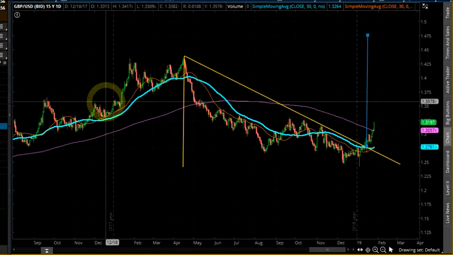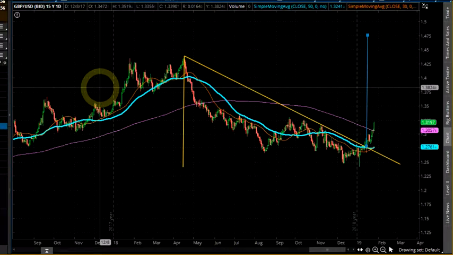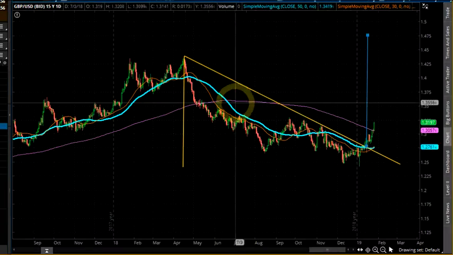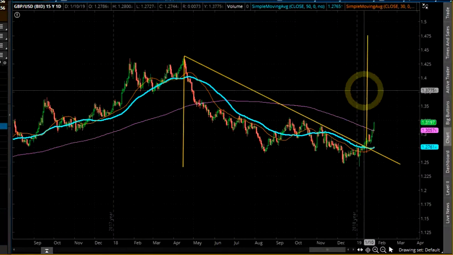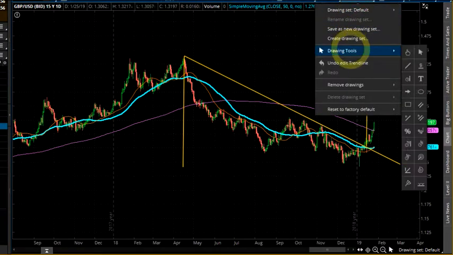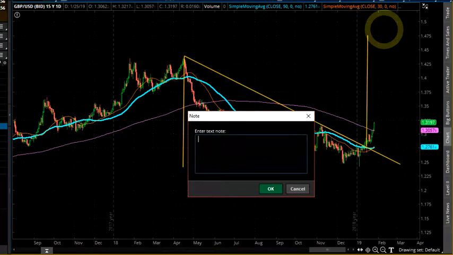So, you know, I just think it's interesting that all the smart guys on TV are thinking the British pound's going to crater. But the chart says it's going here. So let's leave this on here. We'll see. In fact, let's just put a text note on here. Call it target.